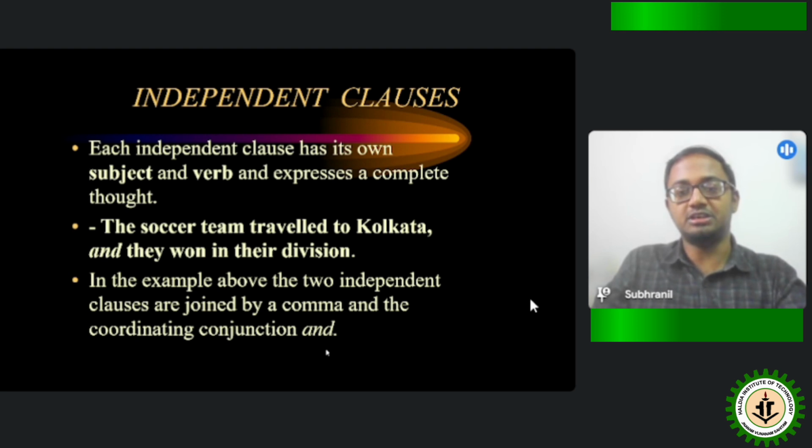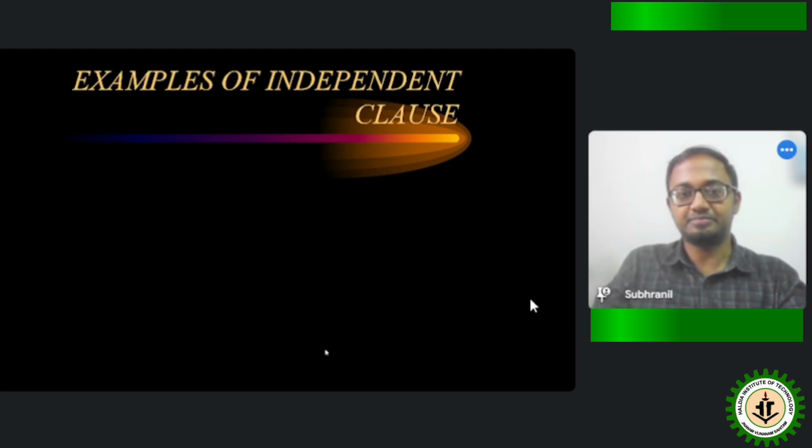Like the soccer team traveled to Kolkata. It's one sentence. They won in their division, another sentence. So these two sentences have their own subject and verb combination and express a complete thought as well. That's why they are independent clauses.